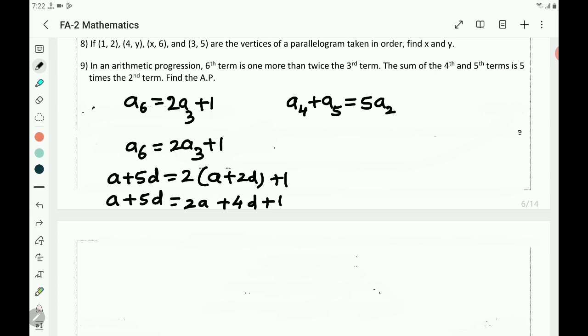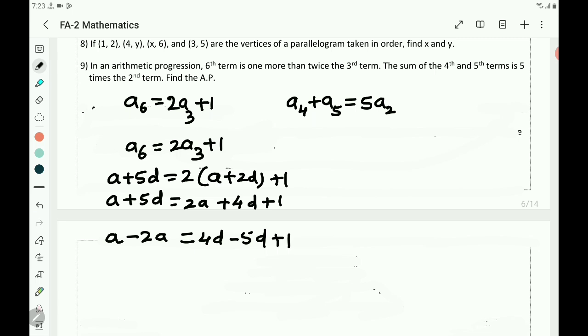Bring A to the LHS and D to the RHS. If you transfer this 2A to the LHS, it becomes minus 2A, and you write 4D on the right. Transfer this 5D to the RHS, it becomes minus 5D, and you write plus 1 as it is.